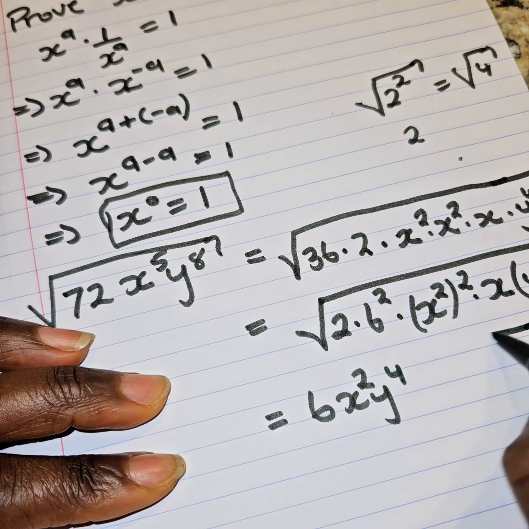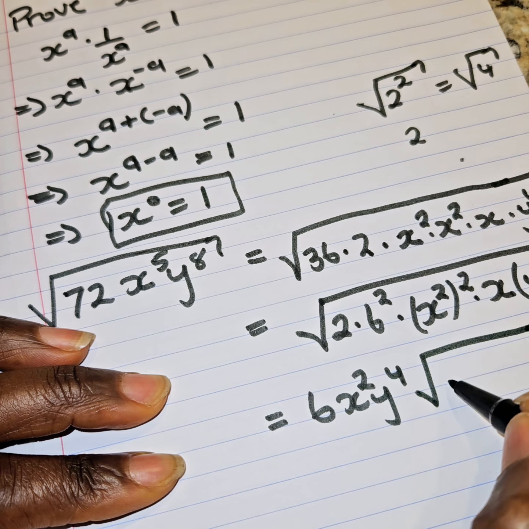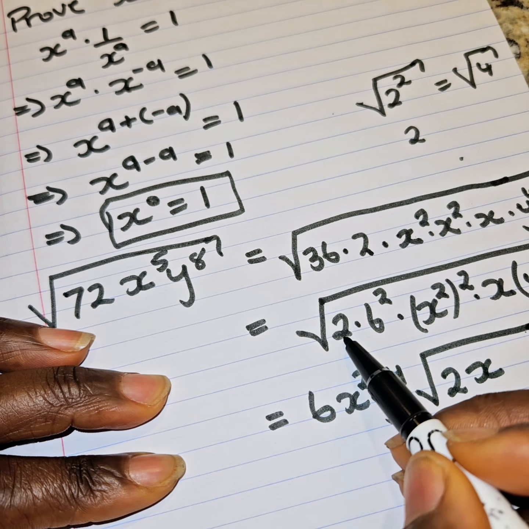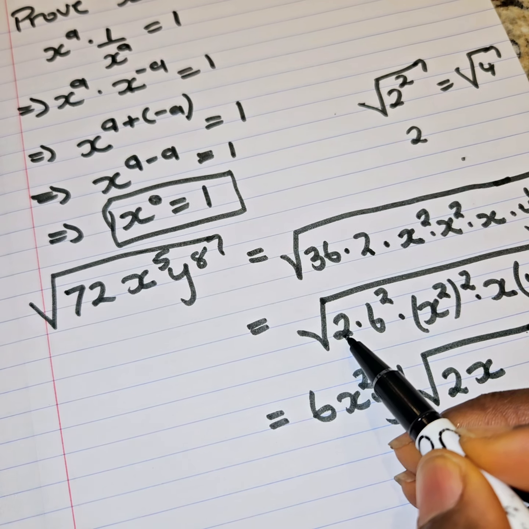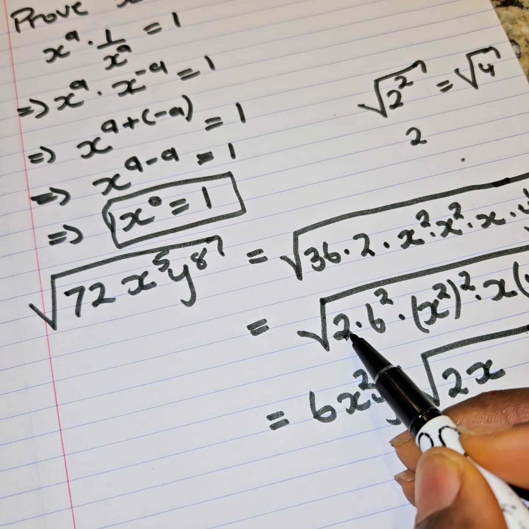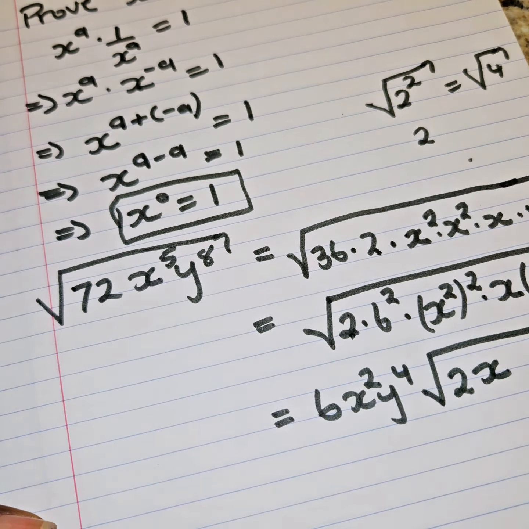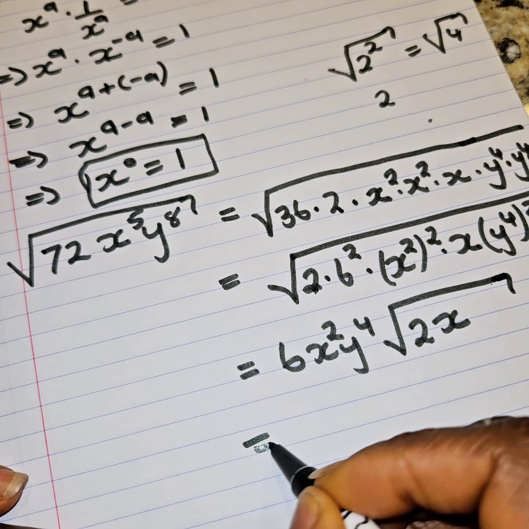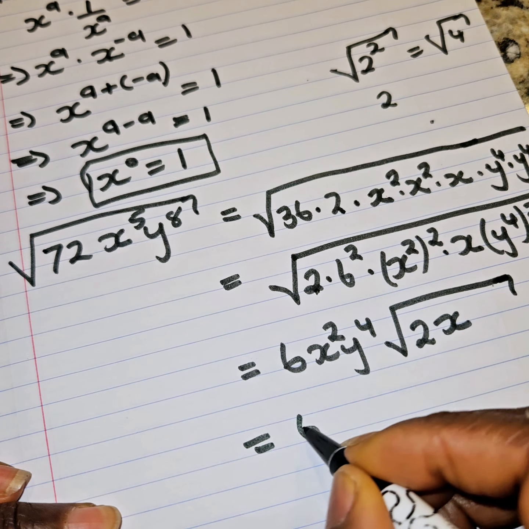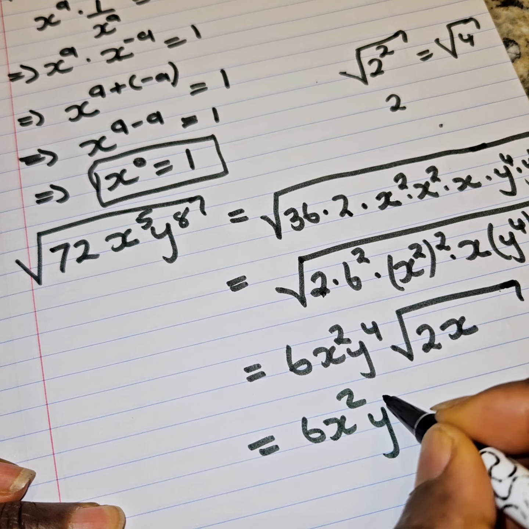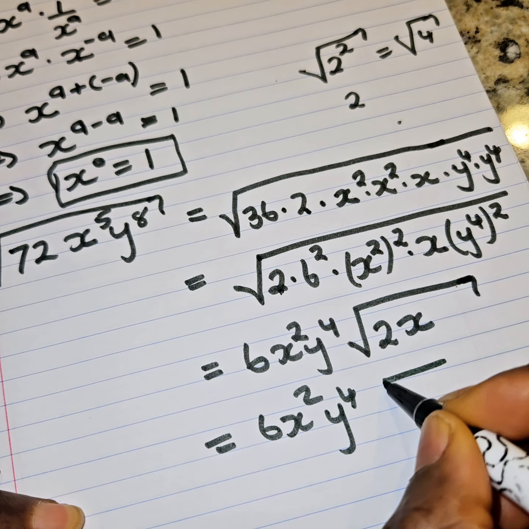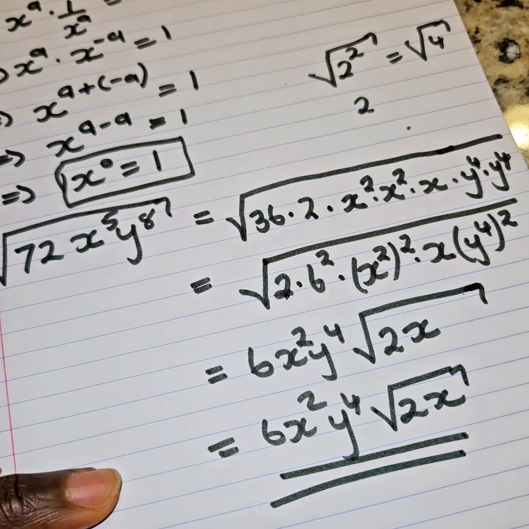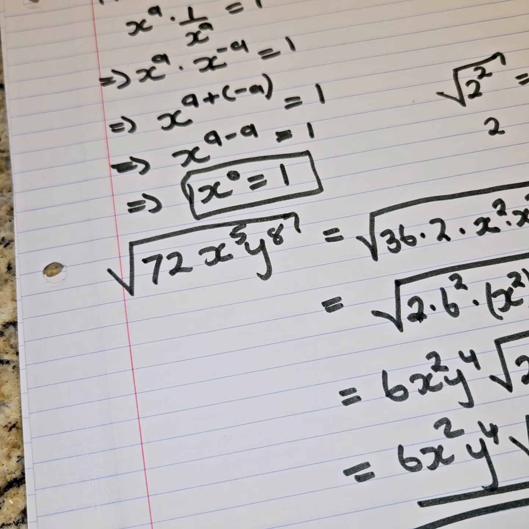And then in the square root sign, I'll be left with 2 and x, because I can't find an exact value for the square root of 2 and the square root of x. So the answer is 6x squared y to the fourth square root of 2x. So this is the simplified version of that expression.